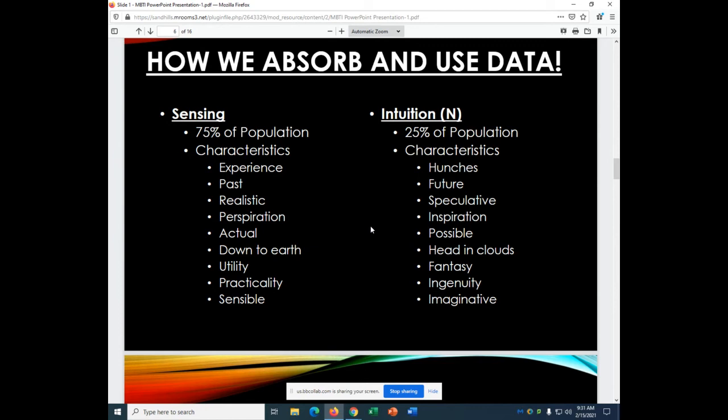Now, if you have an N, that means you are more of an intuitor. I'm an N. I'm a high N. And here's how it shows. I got hired by a restaurant franchising company, fresh out of college, to teach brand new franchisees how to own and operate a fast food chicken operation.